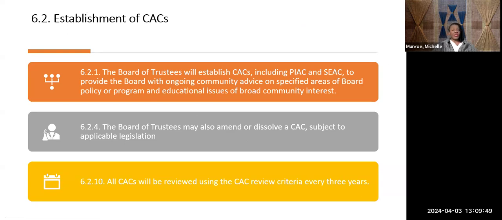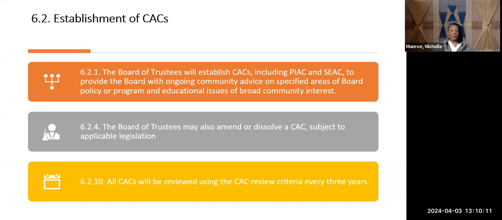The new procedure speaks of the establishment of CACs, and of course, this falls within the purview of the board. And the board will establish CACs, including PIAC and CAC. Let me clarify again what we mean by PIAC and CAC. We're fully aware that it's within the statutory regulations that we must have them.